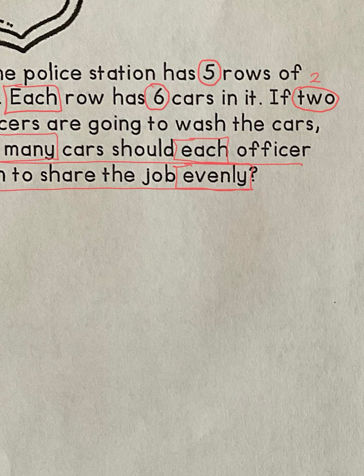If there are 5 rows of cars, and each row has 6 cars in it, that word each, and knowing that I have equal groups, tells me I'm going to multiply. So my first step is to multiply 5 times 6, which is equal to 30. So we've answered the first question. We have a total of 30 cars.